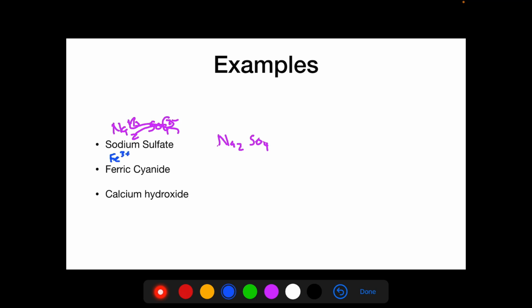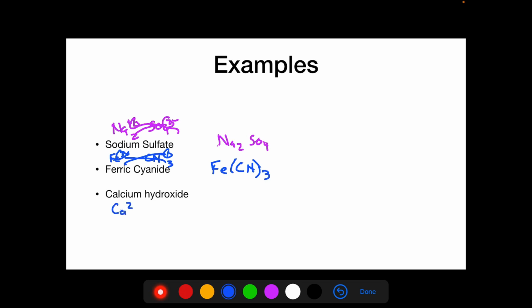So that's Fe3 plus. Cyanide is CN, and it's a minus. So I've got to move the 3 out here and the 1 over here. So I should come up with Fe, open parentheses, CN, close the parentheses, 3, which means that I have 3 CN's. I have to write it that way.